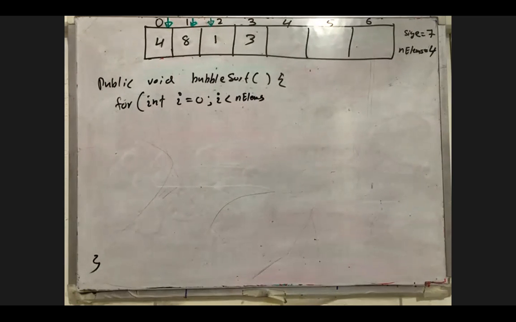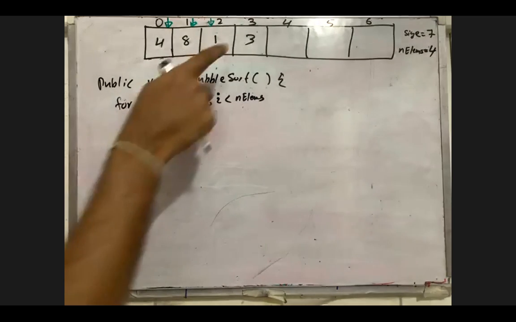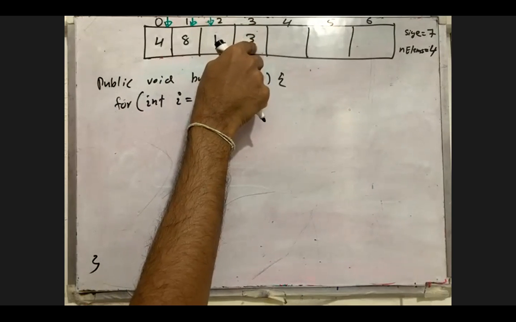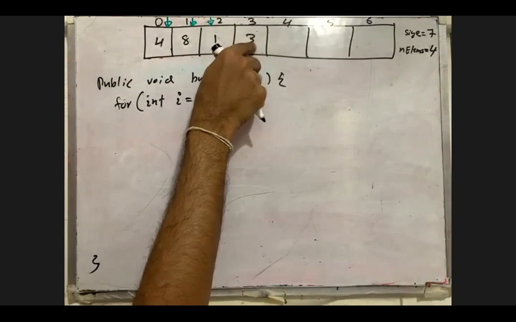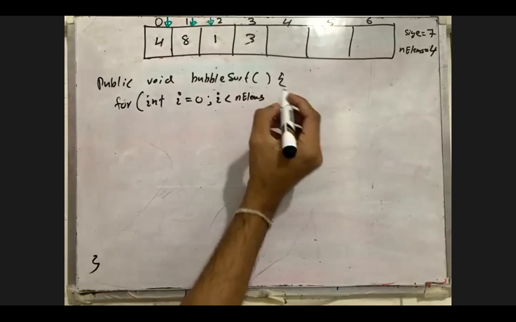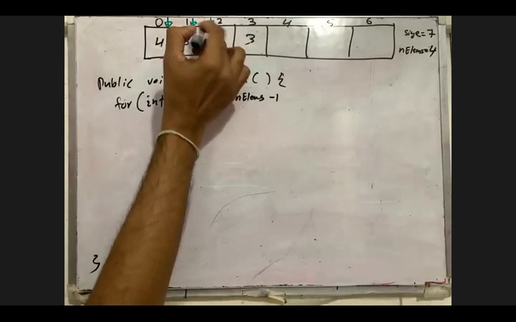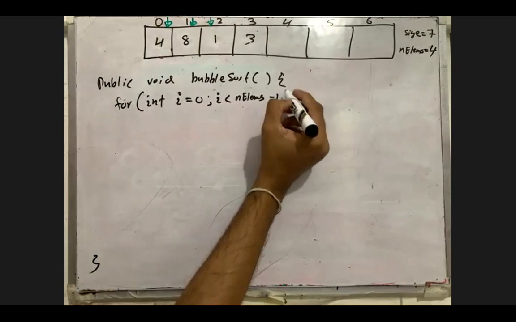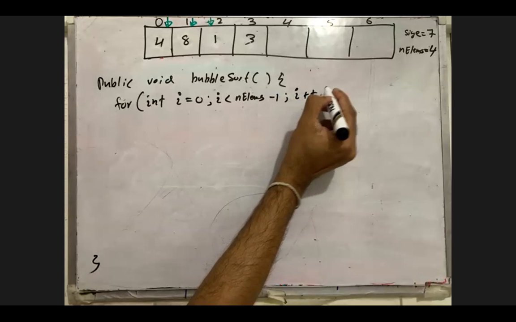You do not need to go to the last element, because if you go to the last element, you check this one with the next one, here empty value. Therefore, number of elements -1. Stop it at this location. And after that, i plus plus.